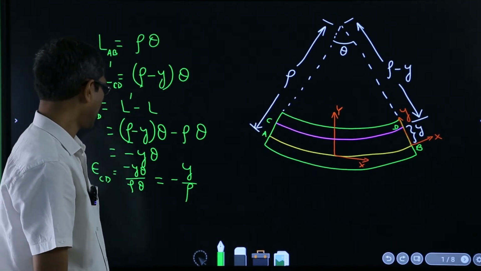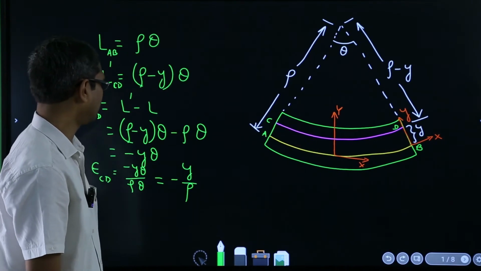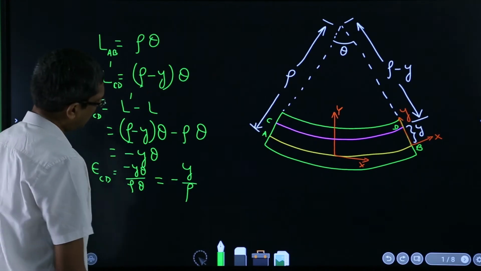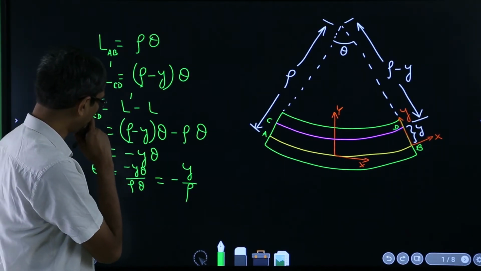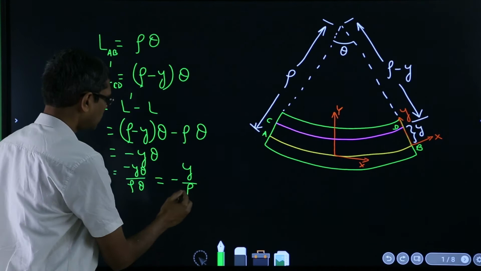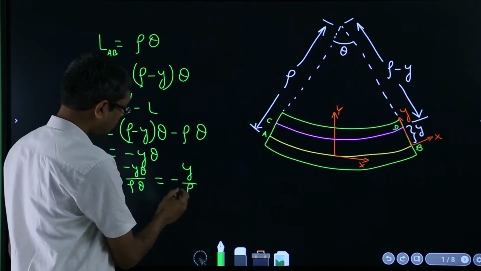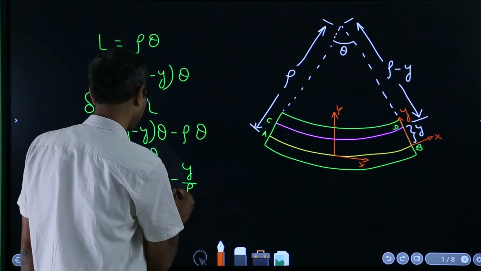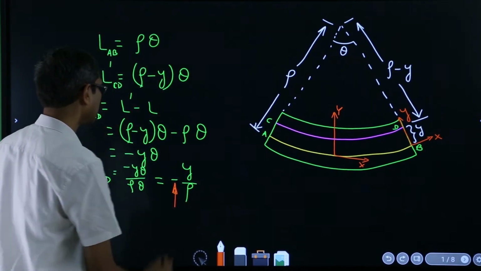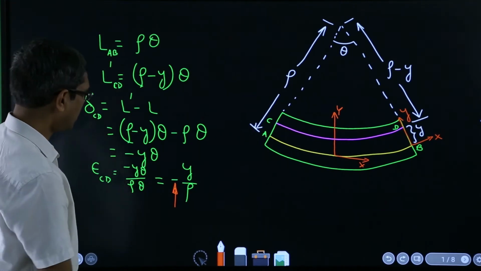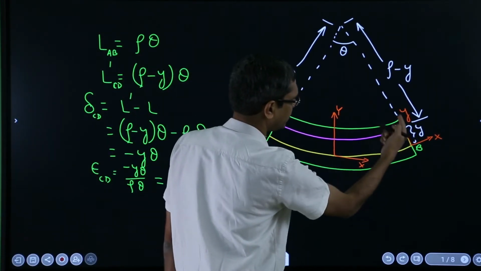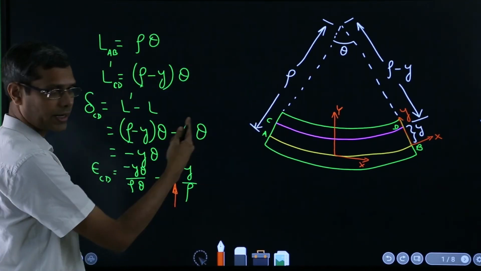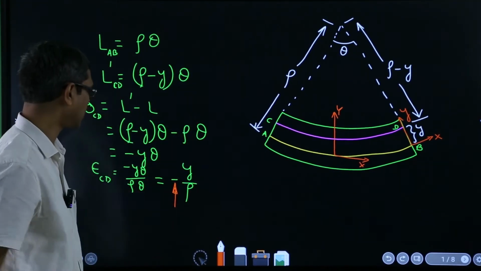Fine. Now, please note this negative sign here. This is important. It tells us that y is positive towards the upper side and starts at the neutral axis.